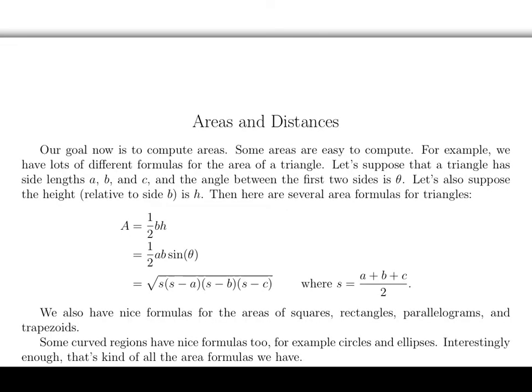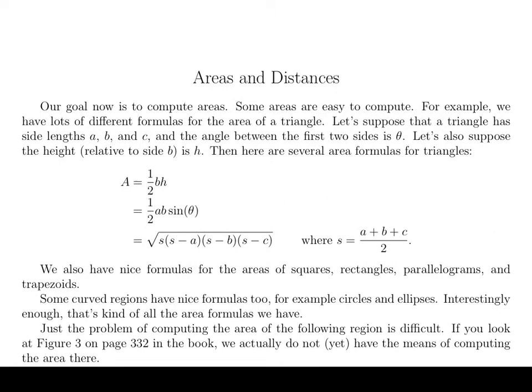Now, we do have a couple of formulas for the areas of objects with curved sides. Circles and ellipses immediately come to mind. And I would actually say that's pretty much all we have in terms of basic area formulas. If you look for the formula of regions that have curved sides, you're probably not going to find any others.